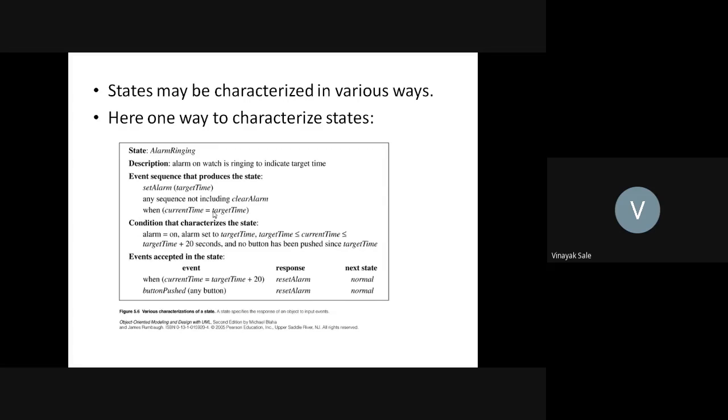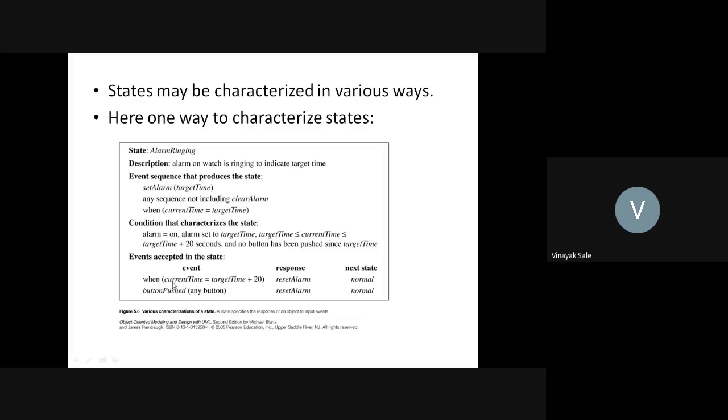Alarm on, alarm set to the target time, target time is less than or equal to current time is less than or equal to target time plus 20 seconds. So the alarm will ring up to 20 seconds or 1 minute, whatever time you have set. No button has to be pushed since the target time.